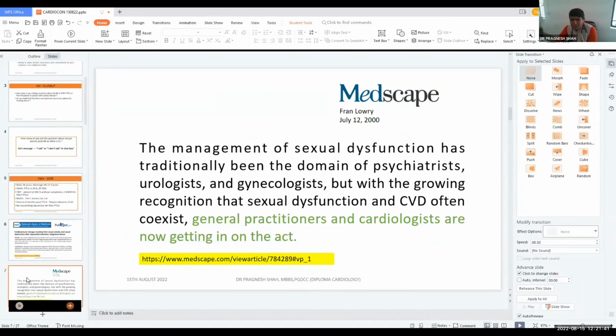This is a very good point discussed in Medscape. We all have a mental setting in our mind that sexual dysfunction has traditionally been the domain of psychiatrists, urologists, or gynecologists. But with the growing recognition of sexual dysfunction and cardiovascular disease, often the general practitioner and the cardiologists are now getting into the act to resolve this problem.